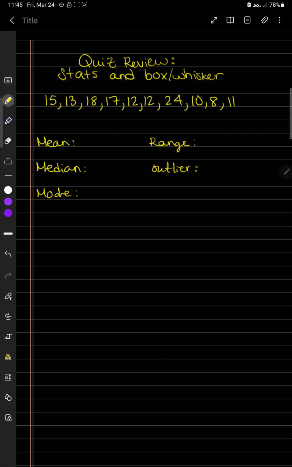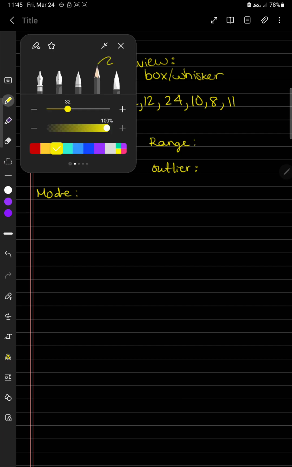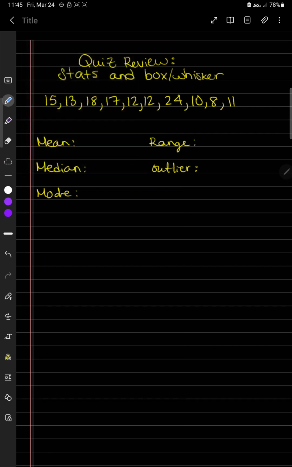Okay, so the first thing you want to do for stats and the box and whisker would be to put the numbers in order. So if we do that now, we can use that to find everything else we need.